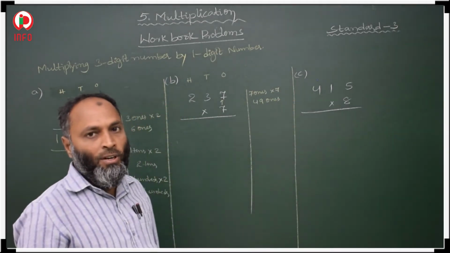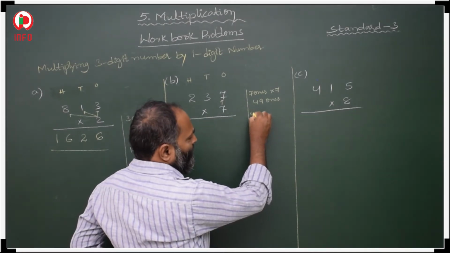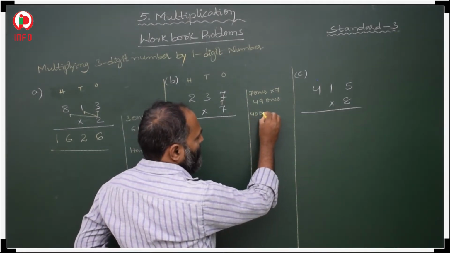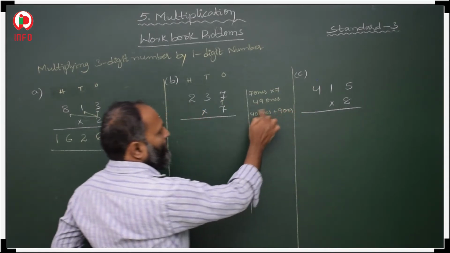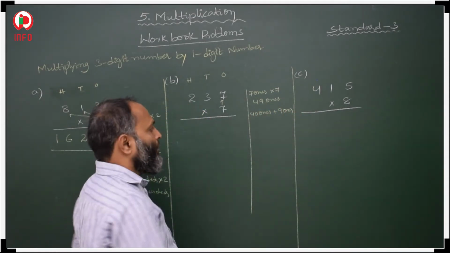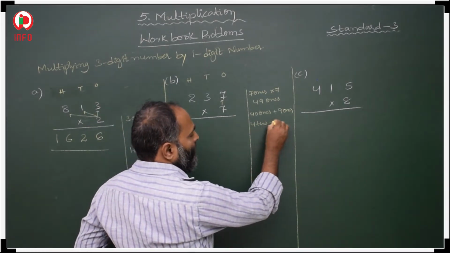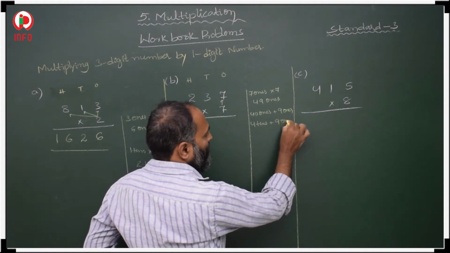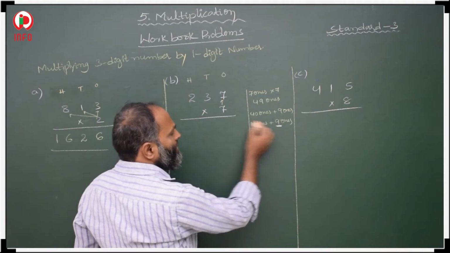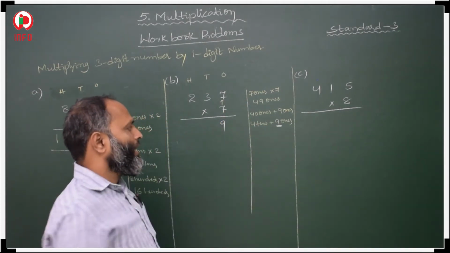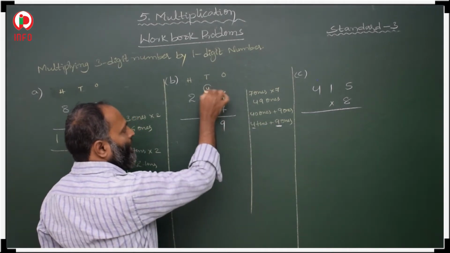Then how to take this 49 ones? 49 ones means 40 ones and 9 ones. 40 plus 9, 49. Then 40 ones means 4 tens. 4 tens plus 9 ones. In ones place we have to take 9. In tens place 4 we have to carry over.